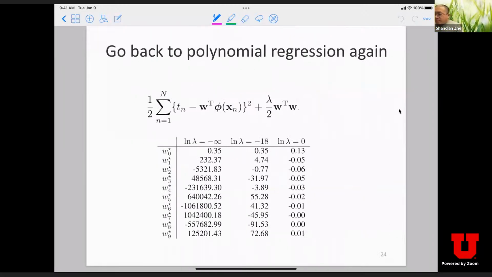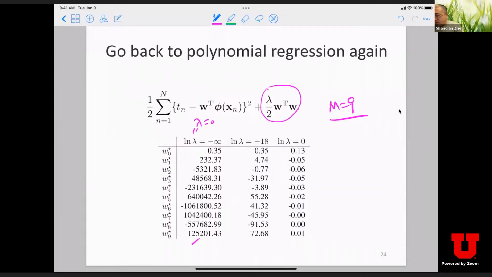Now let's see, we choose different lambda, still using polynomials. When you choose different regularization strengths lambda, what are the estimated weights? First, if you choose log lambda equal to minus infinity, it just means lambda equals 0, so you remove the regularizer and return to maximum likelihood estimation.